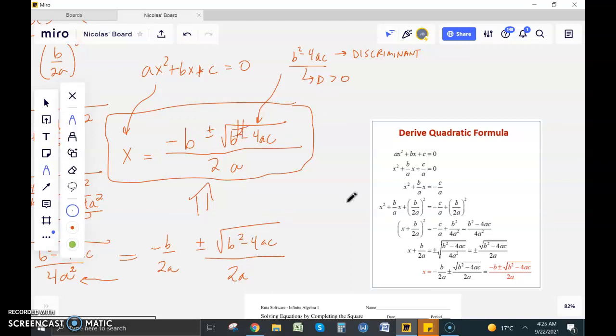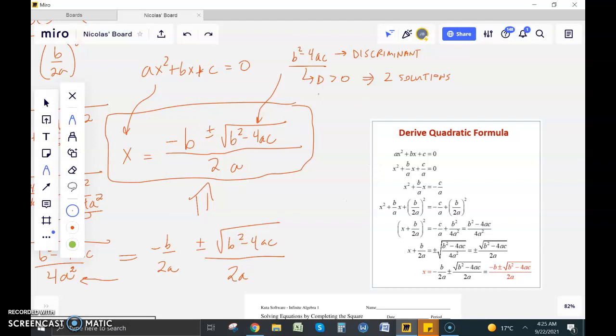Well, that means you're going to get negative b plus or minus a number over 2a. That means you're going to have two answers. You're going to have negative b plus the number, and negative b minus the number over 2a. So when d is greater than 0, you're going to get two solutions. Right? You're going to get the plus version and the minus version of negative b and all the other junk.